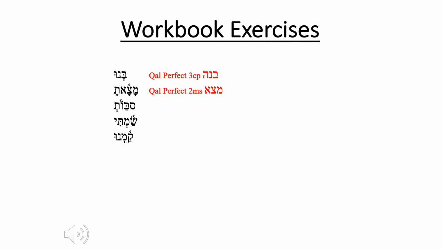This is a Qal perfect 2ms, indicated by the tav with the qamets ending. We also have the quiescent aleph from the root matza. What about the next verb, savota? This one is a little bit more tricky because this comes from savav, meaning to go around.